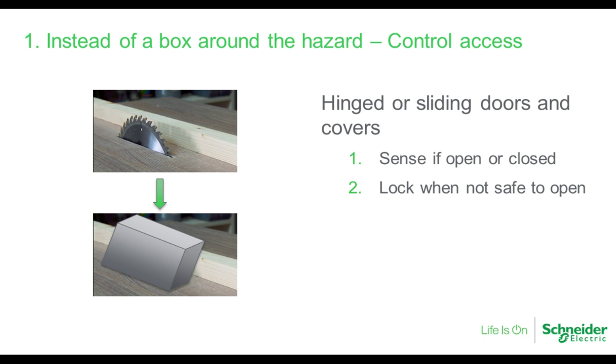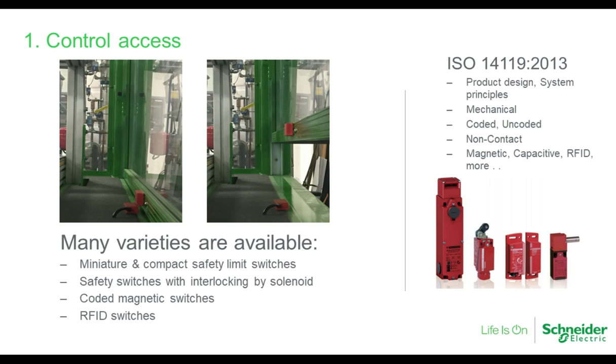So conversely, in addition to sensing, there are also tools that allow you to lock those guards, lock those doors, so that when it is operating, you can't open it. So that's what we're trying to do. Make it movable, make it controlled access instead of completely denied access.